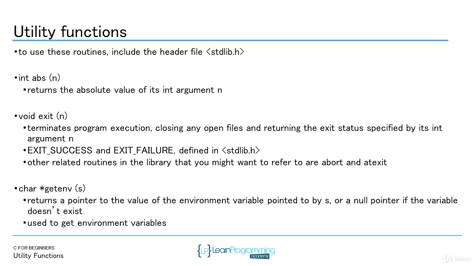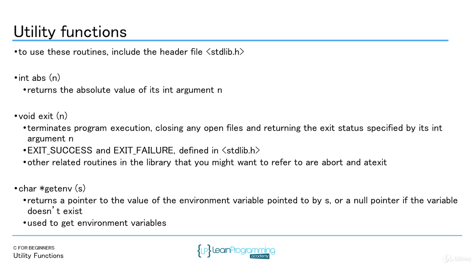There's a getenv function which will allow you to read environment variables. Environment variables are usually associated with your environment. They're variables that you can use, kind of like a global variable that you can use anywhere on the operating system. So if it's Linux, you have an environment variable for your path.